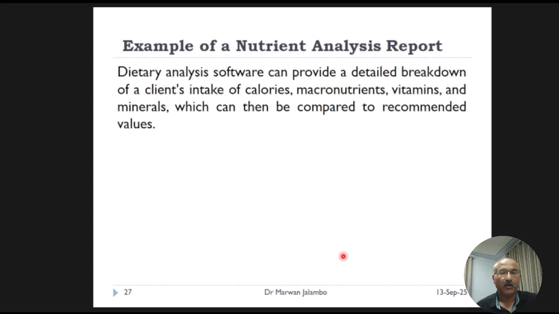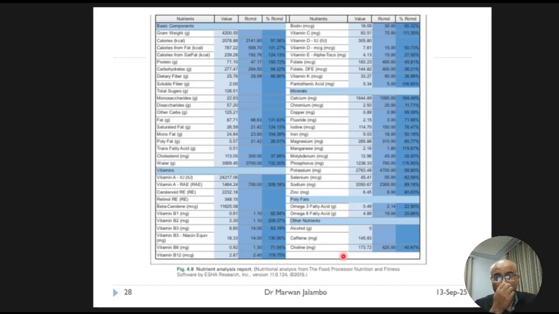Here is an example of a nutrient analysis report. Data analysis software can provide a detailed breakdown of the client's intake of calories, macronutrients, vitamins, and minerals, which can then be compared to recommended values. This is a typical nutrient analysis report generated by dietary assessment software.